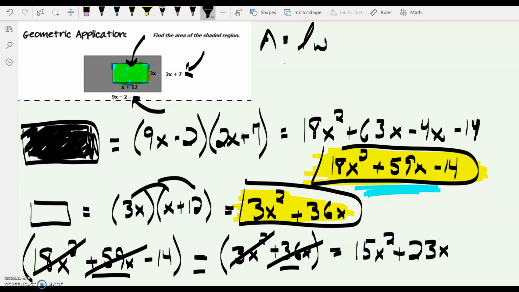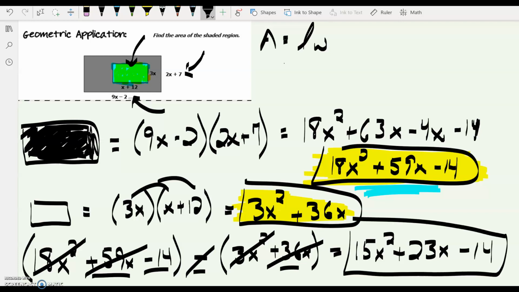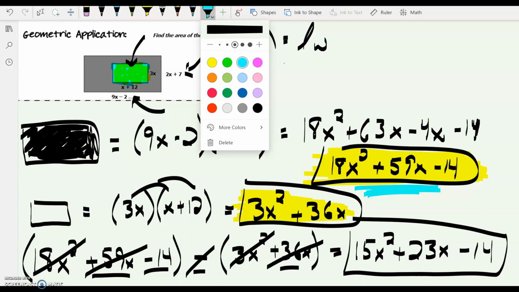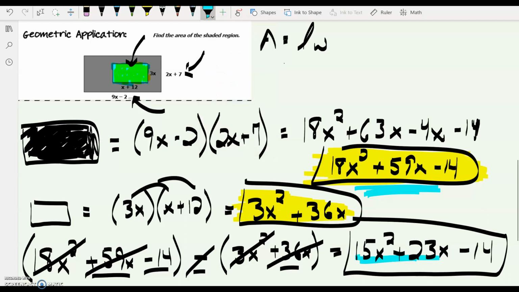And we have the minus 14 left. That's our final solution, and I will highlight that for you.